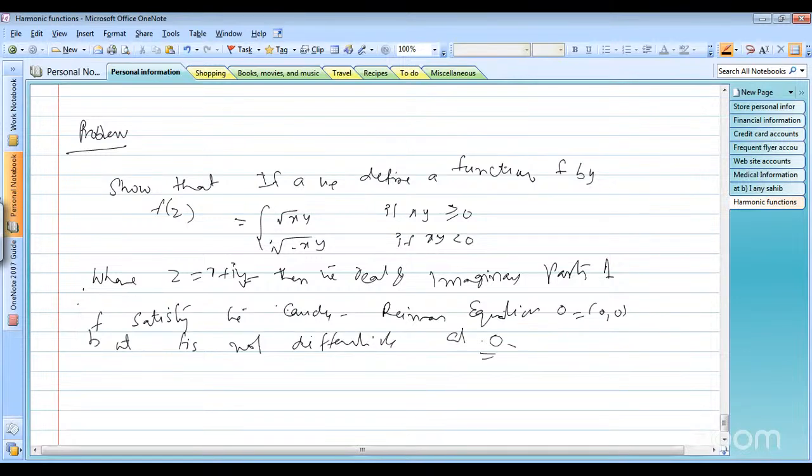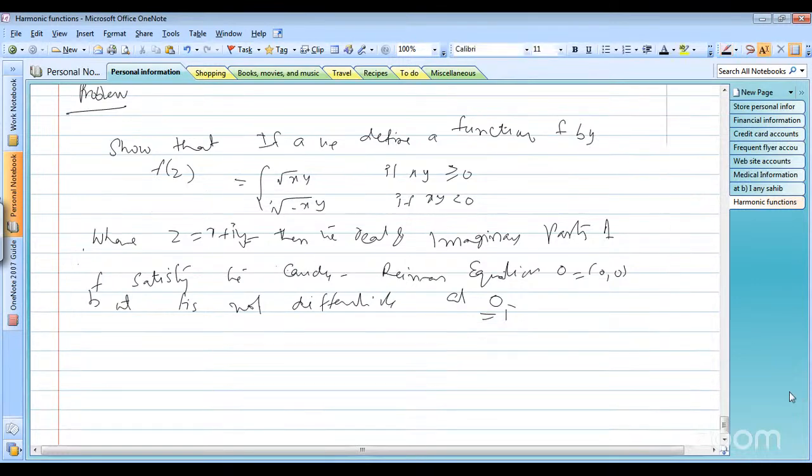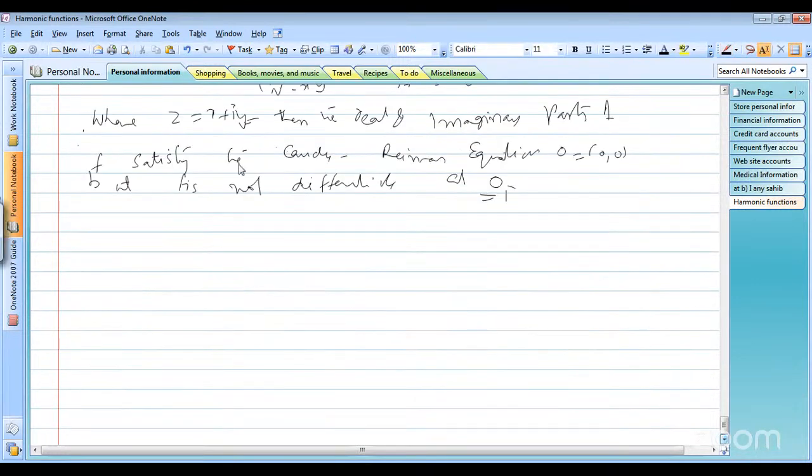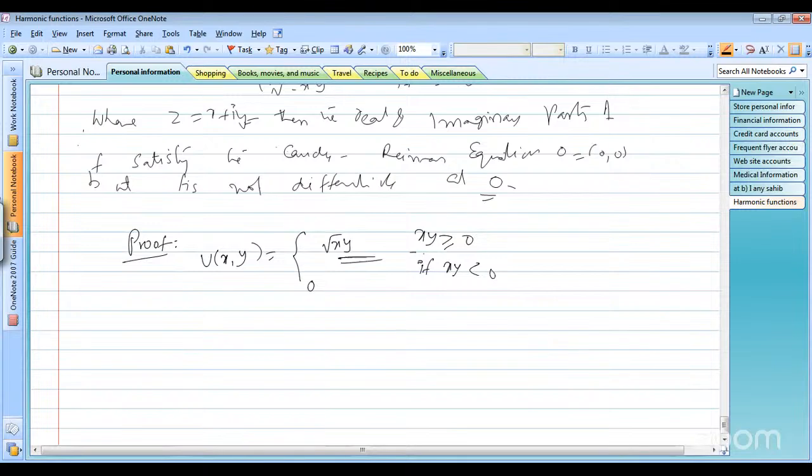So the real and imaginary parts of f, we have to know that. Proof: the real part u(x, y) is equal to root of xy if xy is greater than or equal to 0, and 0 if xy is less than 0.